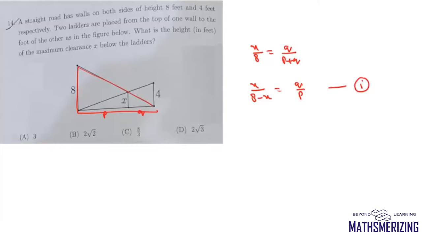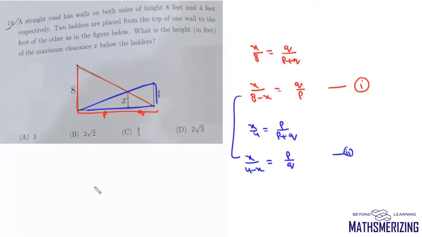Then in the same way for this triangle, we can write x upon 4 equals p upon p plus q, or x upon 4 minus x will be equal to p by q, and that's our second equation. Now if we multiply them, we can write x square upon 8 minus x into 4 minus x will be equal to 1.